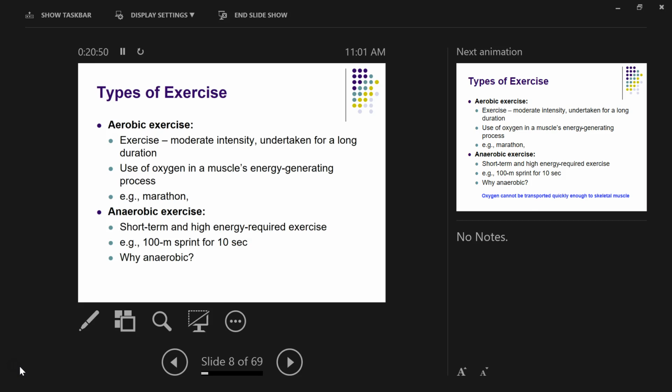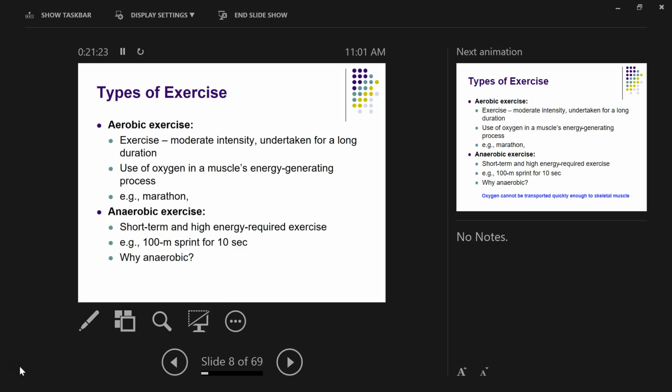Why is 100 meter sprinting an anaerobic exercise? We know aerobic exercise requires oxygen, right, to oxidize glucose and fatty acids for energy. And anaerobic exercise is a very short period of time, only 10 seconds.